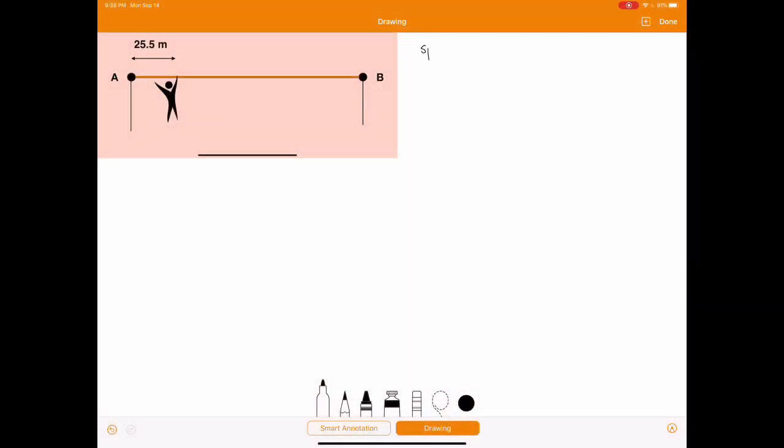Okay, so we'll start by remembering the definition of speed. So the speed at which the wave moves is equal to the distance that it covers divided by the time. And this is the distance in question. It will be the distance from where you are to post B. And of course, that distance will be the full length of the rope, which is 135 meters minus 25.5 meters.